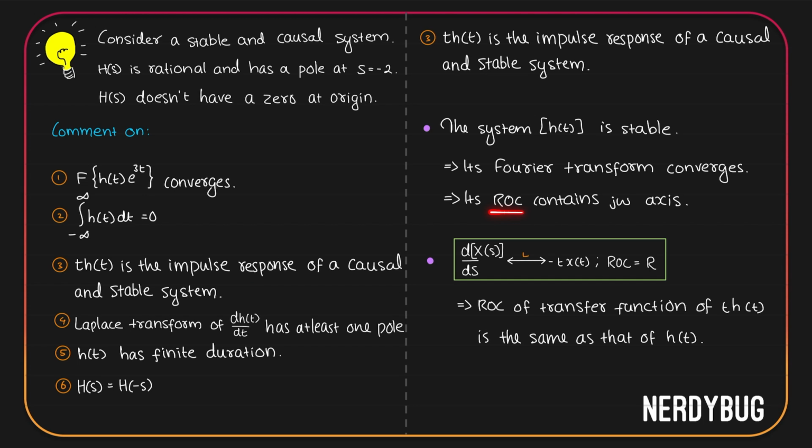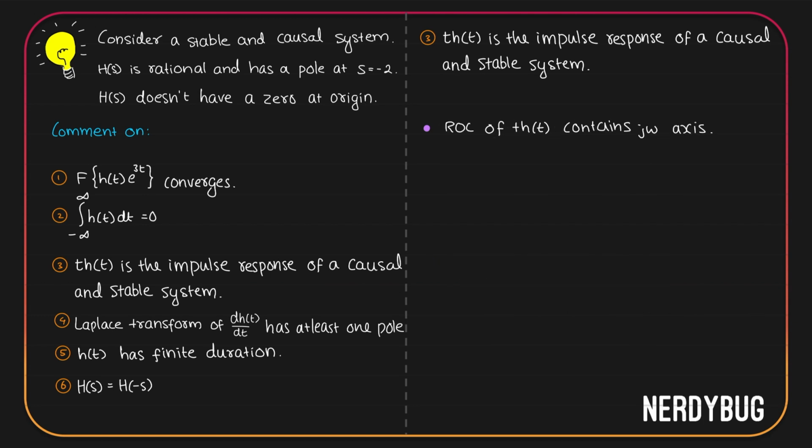But we know ROC of h of s contains the j omega axis. So ROC of the Laplace transform of t h of t will also contain j omega axis. So we got the ROC of the transfer function of a system whose impulse response is t h of t contains the j omega axis, which means the system is stable.